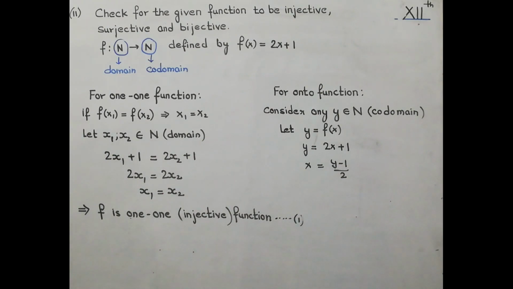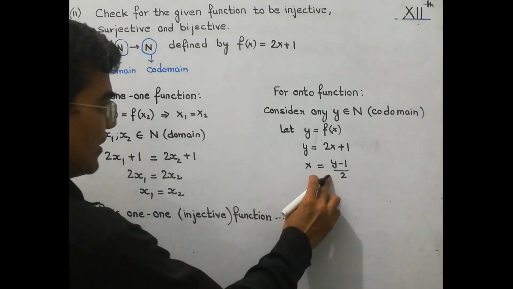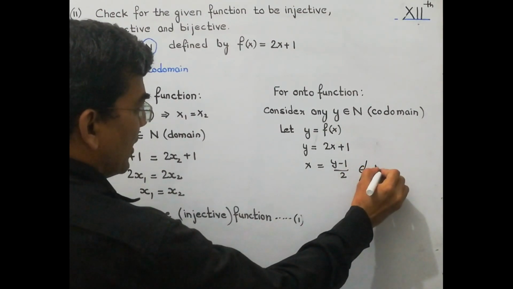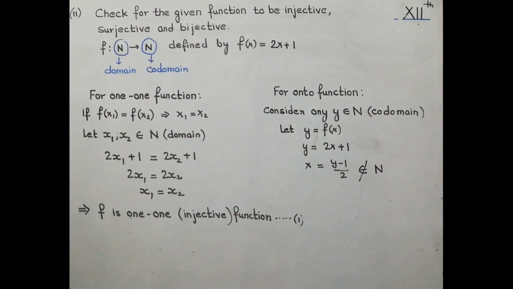So here we can write that this does not belong to natural number, whereas x should belong to natural number, and here we are seeing that it will not belong to natural number when we substitute y with 1. So you can show the working here.